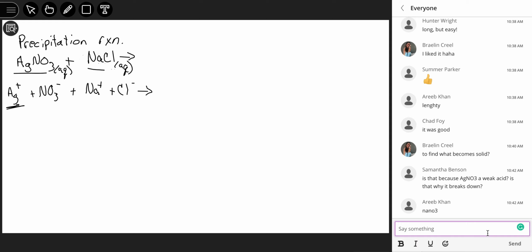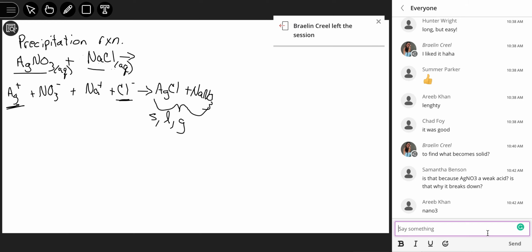But the other option is the silver could bump into the chlorine. And the sodium could bump into the nitrate. And then we have to decide if a reaction occurs. A reaction only occurs if something on the right is a solid, a liquid, or a gas. If it's solid, liquid, or gas, it doesn't have to be both things, just one thing.